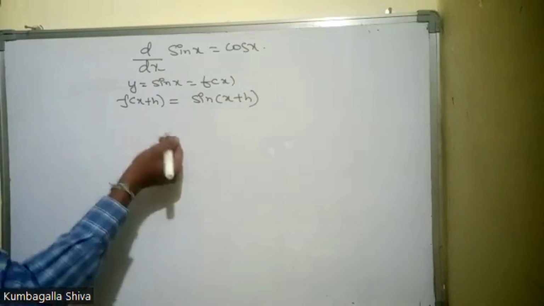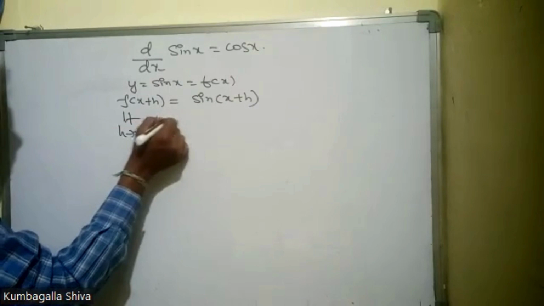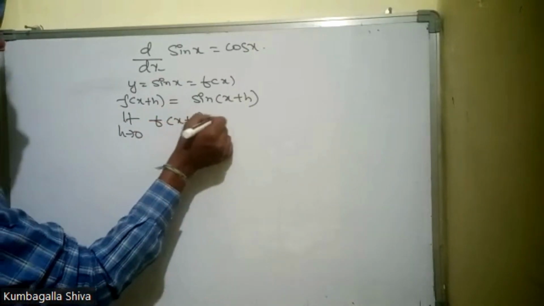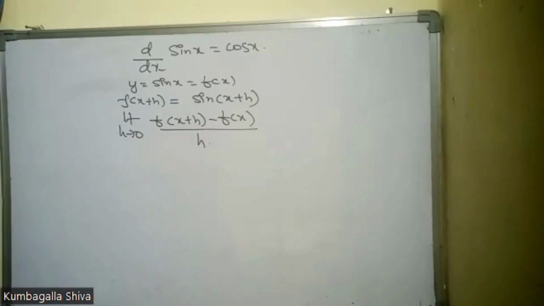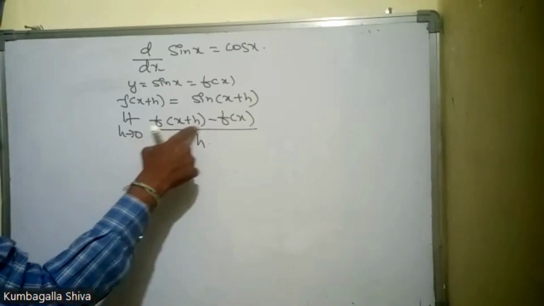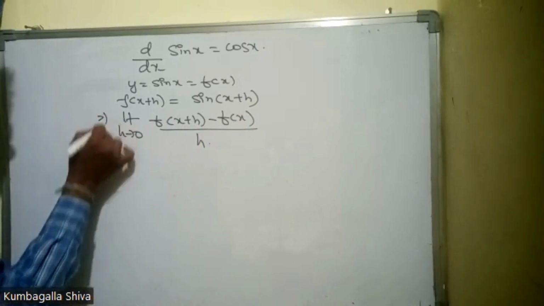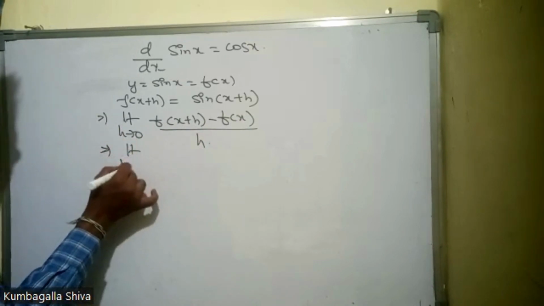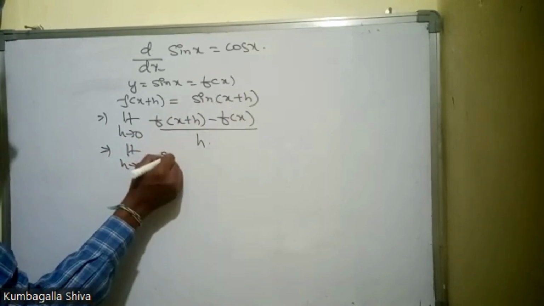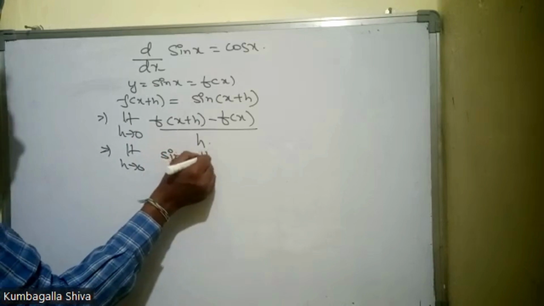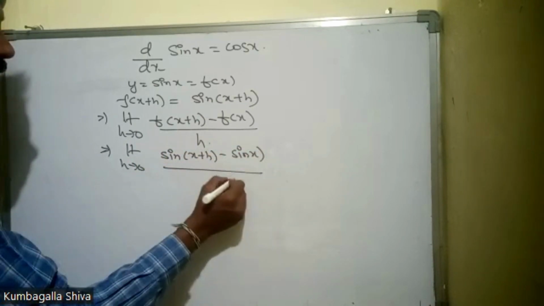Now according to the limits formula, limit h tends to 0, f of x plus h minus f of x by h. Now you substitute this formula. Limit h tends to 0, f of x plus h is what? Sin of x plus h. That is sin of x plus h minus sin x by h.